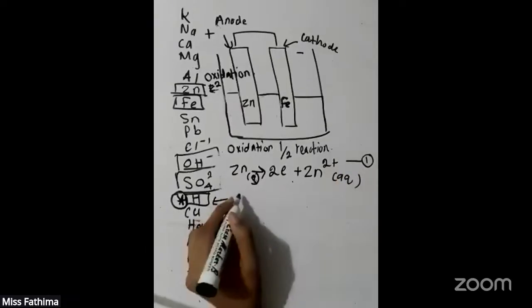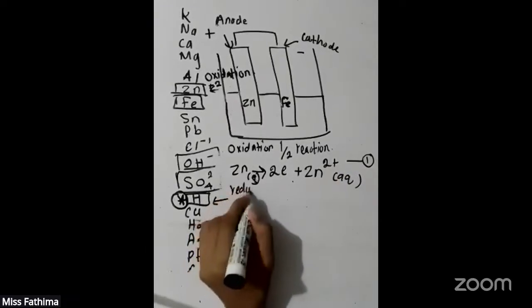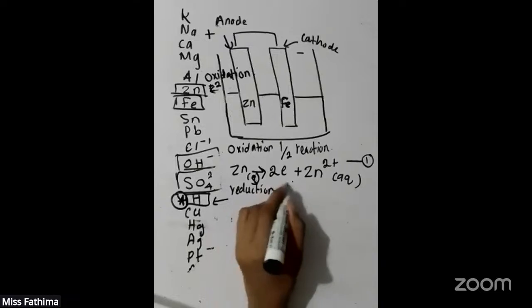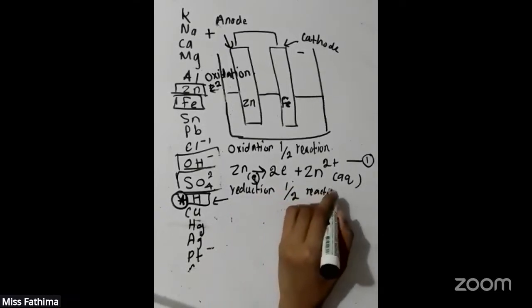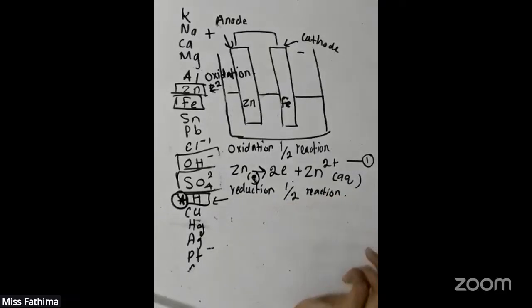Then we have to talk about the reduction half reaction. So in the reduction half reaction, what's the element that you are going to consider? We are going to consider the element as hydrogen. Hydrogen is the element that is below in the reactivity series. H plus will undergo reduction.